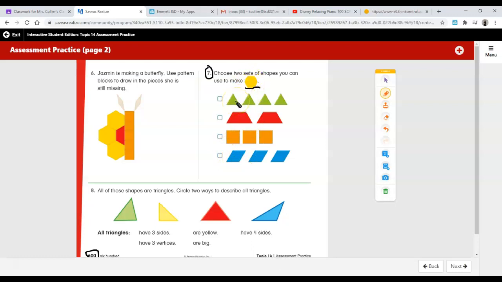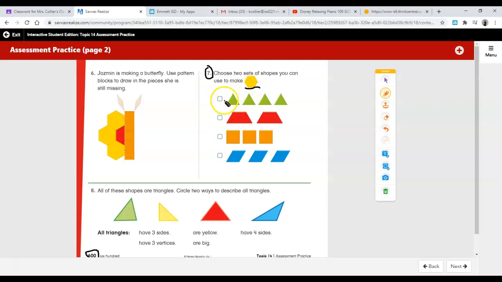Are you able to put all of these triangles together to make a hexagon? Are you able to put 2 trapezoids together to make a hexagon? Or are you able to put 3 squares together to make a hexagon? Or 3 parallelograms together to make a hexagon?